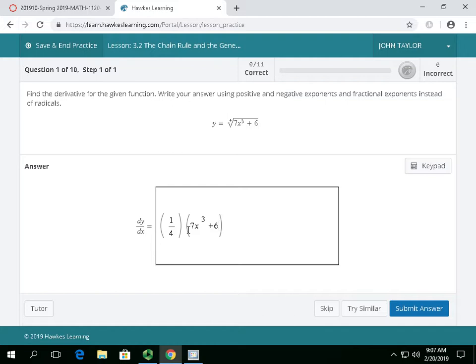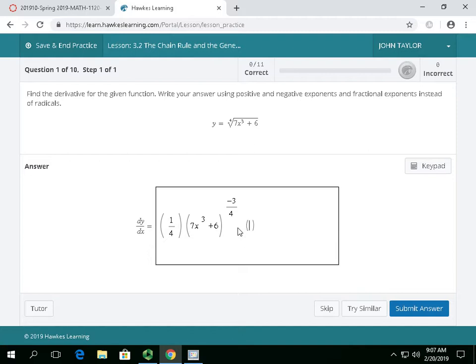And all this is being raised to what power? You've got to subtract 1. Negative 3/4. So I'm going to put a fraction in there, and it's going to be negative 3 divided by 4. Then you've got to go over there times, notice how I'm using parentheses for each part here, times the derivative of the inside.